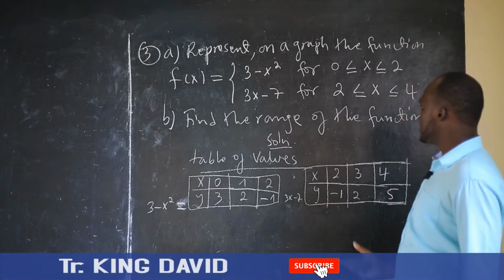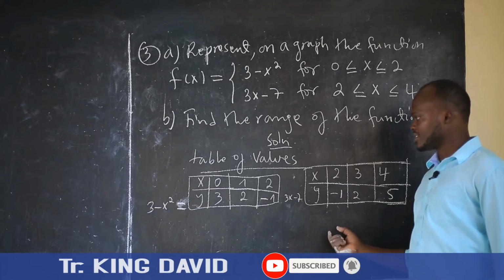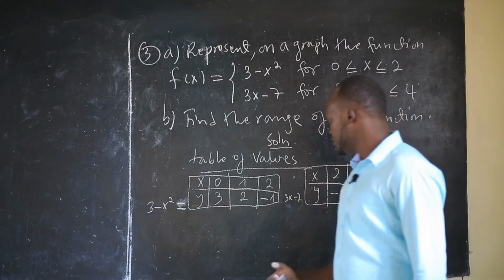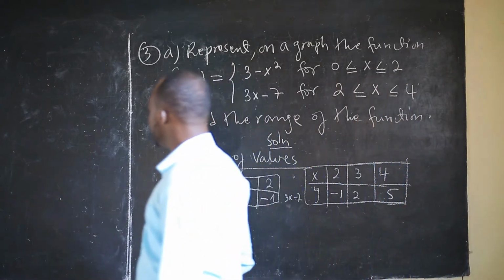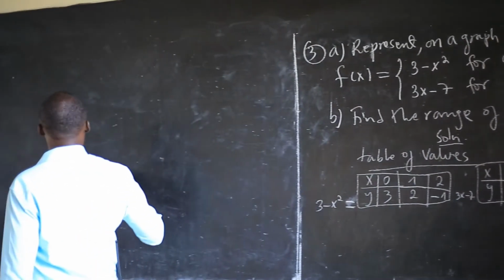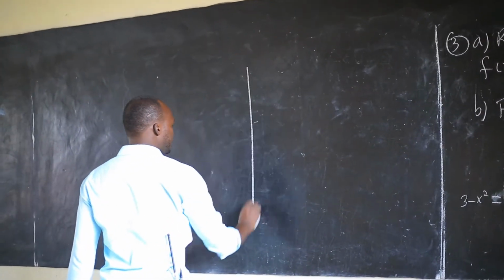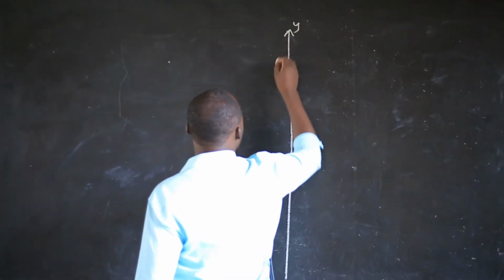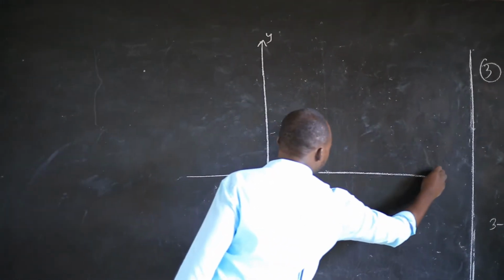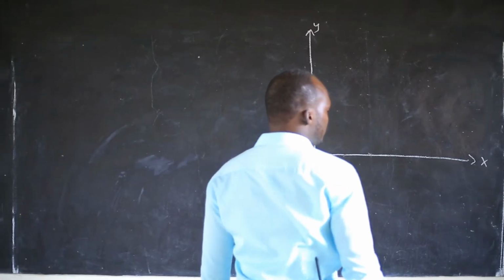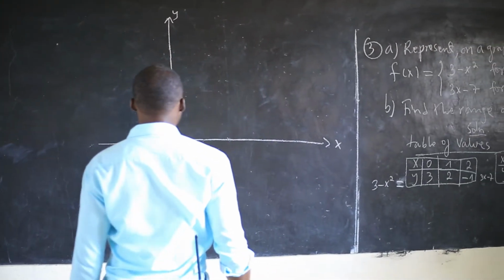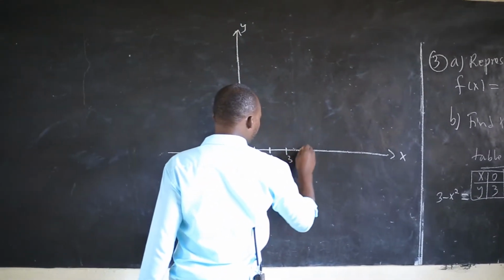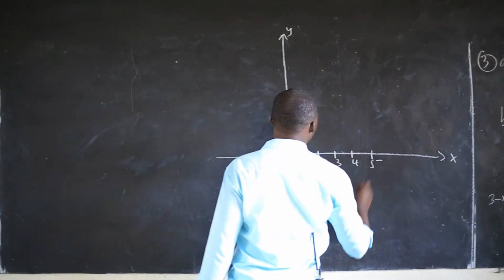This is going to help us to sketch. After sketching, it will help us to know what the range of the function will be. So let's sketch the graph. Our graph will contain the y-axis and the x-axis. On the x-axis, the biggest value we have is 4, so this is 1, 2, 3, 4, 5.